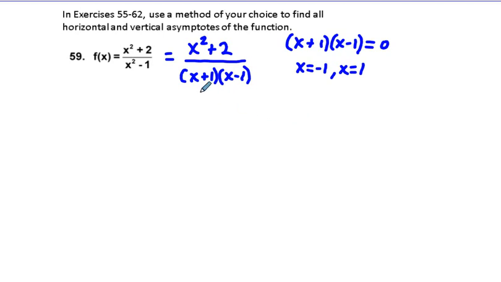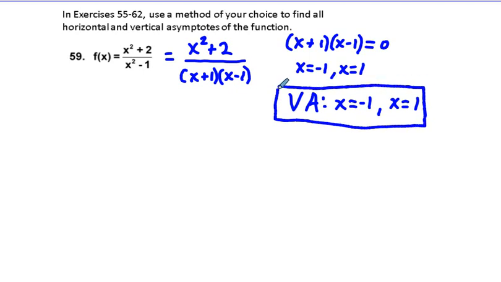And if we don't have any cancellation, and the numerator x squared plus 2 appears not to be factorable, we should have, in this case, two vertical asymptotes. We're going to have x is equal to negative 1 and also x is equal to 1. So those would be our vertical asymptotes.